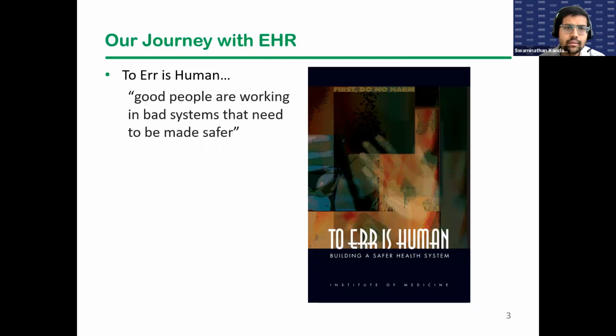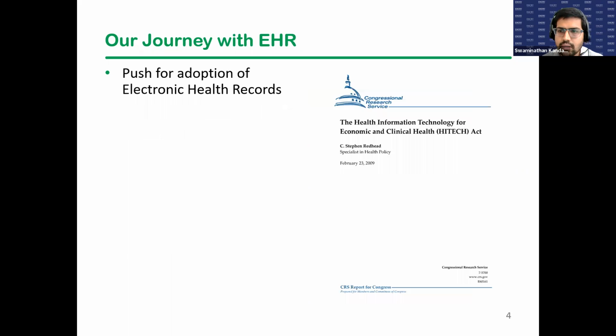So our journey with the electronic health records: in the late 90s, the Institute of Medicine came up with a report that said how bad or unsafe our systems were, and it potentially highlighted systemic issues within healthcare. And we thought electronic health records can help with some of those issues, and there was a great push to adopt these systems.